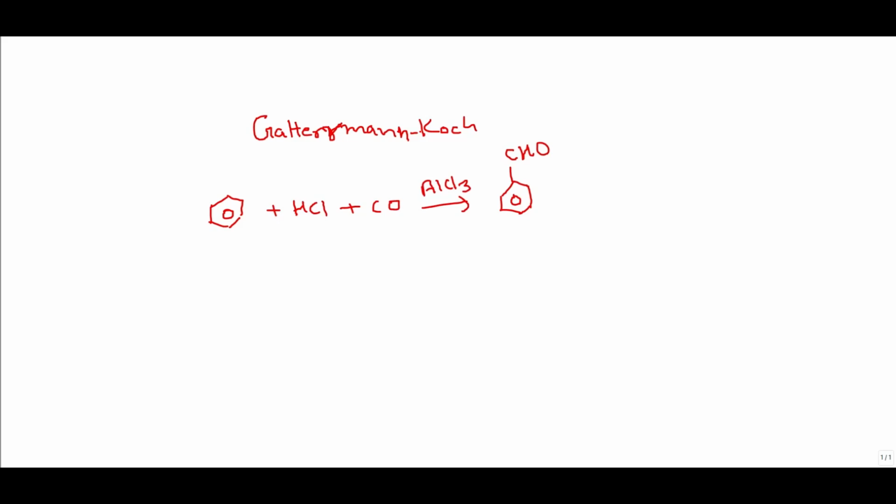In Gattermann Koch reaction, when carbon monoxide molecule is used with anhydrous HCl, aluminum chloride acts as a catalyst to produce an electrophilic species, and this electrophilic species reacts with aromatic compound to produce an aldehyde molecule, and the aldehyde molecule is usually an aromatic aldehyde.